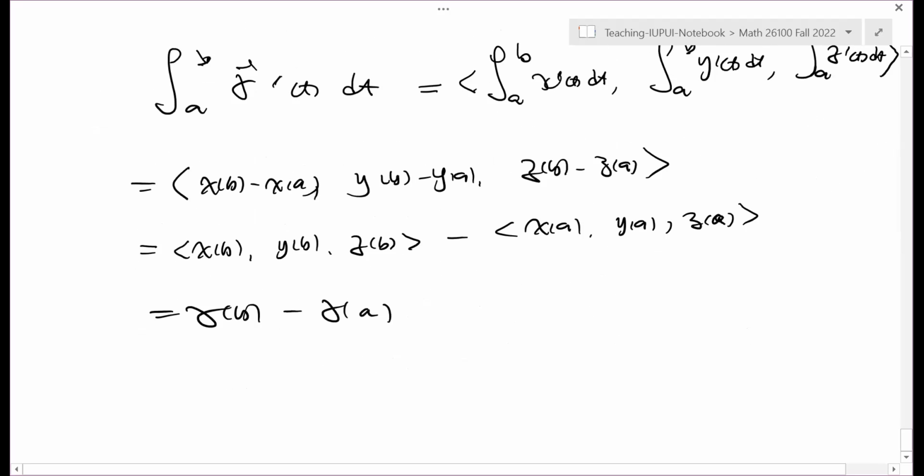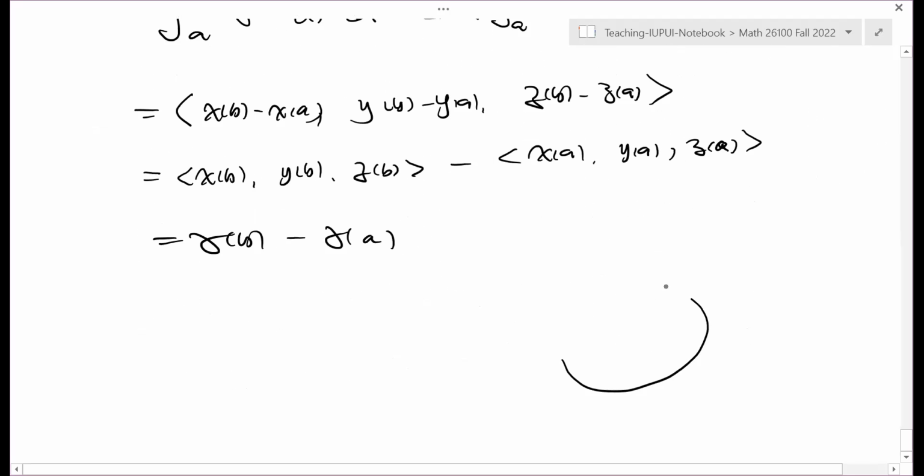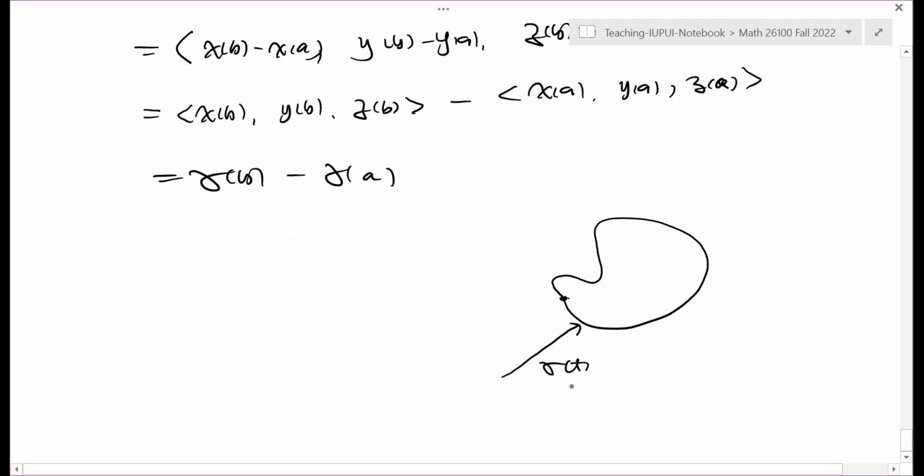Okay. In particular, if it's a closed curve, if the starting point equals the ending point, so if gamma of b equals gamma of a, what does that mean?